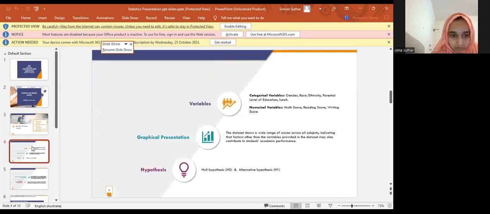Students whose parents have higher education levels tend to have higher scores, although other factors may also play a role. Overall, the data set shows a wide range of scores across all subjects, and factors other than the variables provided in the data set may also contribute to students' academic performance.